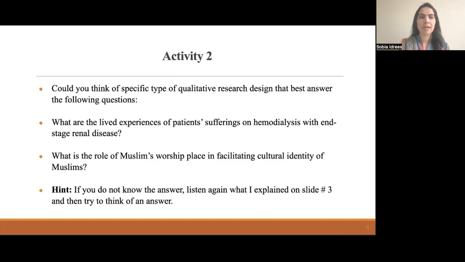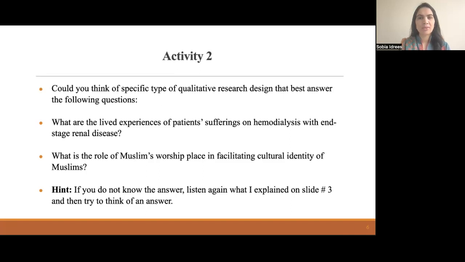What are the lived experiences of patients suffering on hemodialysis with end-stage renal disease? Here the researcher is interested to explore lived experiences. The second question is, what is the role of Muslims' worship in facilitating the cultural identity of Muslims? Here the researcher is interested in exploring the cultural identity of Muslims.